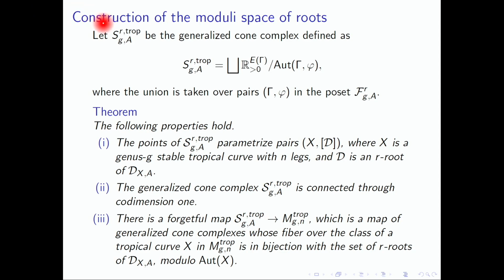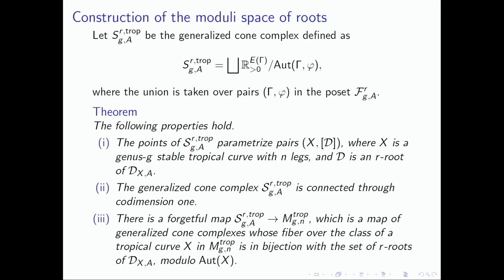And indeed, we have this theorem. These points actually parameterize these pairs of a tropical curve and a root of the universal divisor. It is connected through codimension 1, which is a very natural property that is expected of tropical spaces. And I also have a forgetful map from this space to M_g tropical. And the fiber is what you expect, actually. It is the set of r-th roots of the universal divisor modulo the automorphisms of the tropical curve.